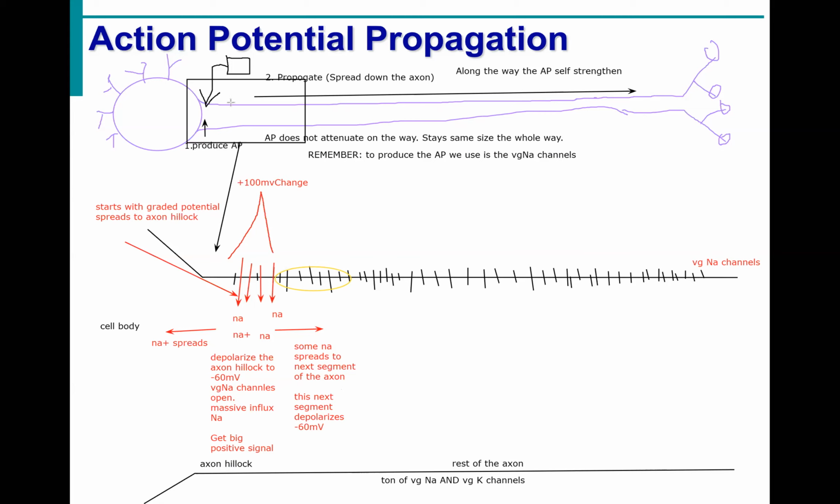We're just right here, the very next part of our axon. So this part right here was at negative 70 millivolts. Now it's at negative 60 millivolts. What's going to happen to these voltage gated sodium channels that are right here in this part of our axon?